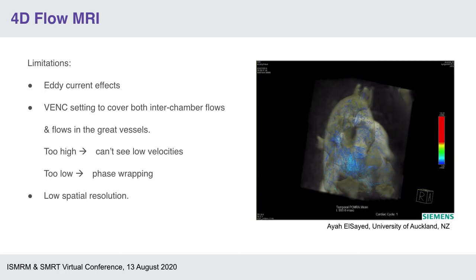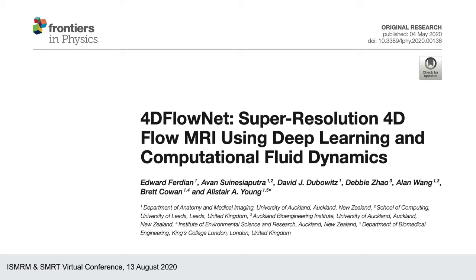The other limitation of 4D flow MRI is the low spatial resolution and also the temporal resolution. So to enable accurate blood flow measurements, we need high resolution 4D flow MRI with few noises. Now, this is the work of Edward Ferdian.